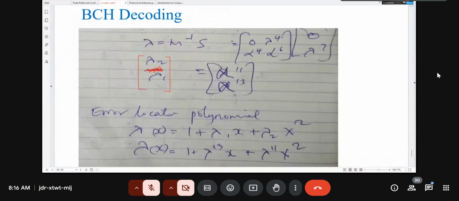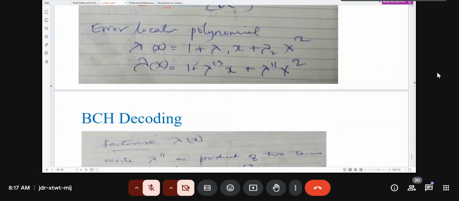So lambda is simply this times this, and that works out to alpha to the 11 and alpha to the 12. So our locator polynomial is this one. This is a general form of the locator polynomial. In our case, it means this.